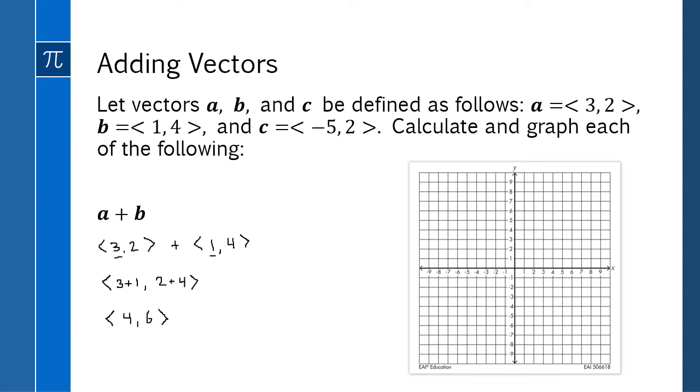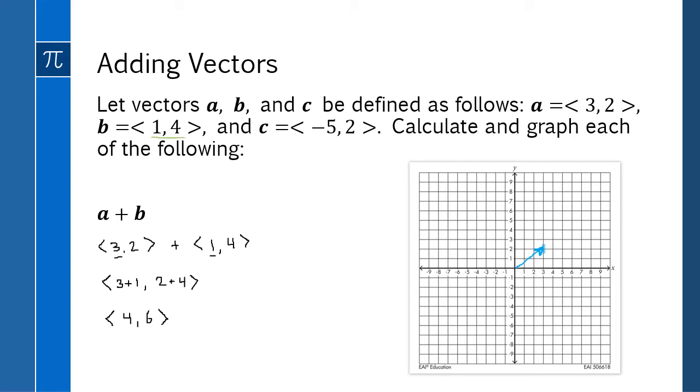So now let's think about how we would graph this. Vector A is 3, 2. So I would go to the right by 3 and up 2. There's the terminal point, and there is vector A. Now vector B is given by 1, 4.